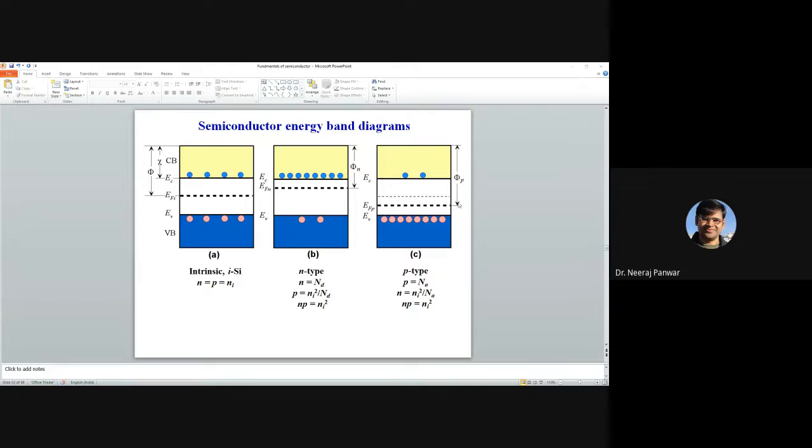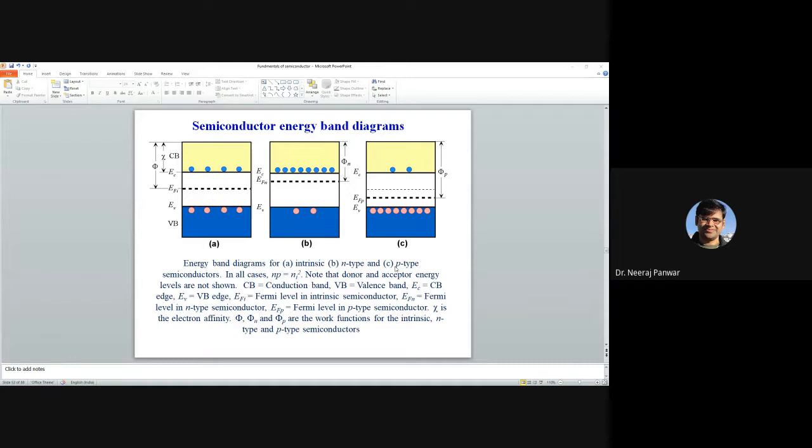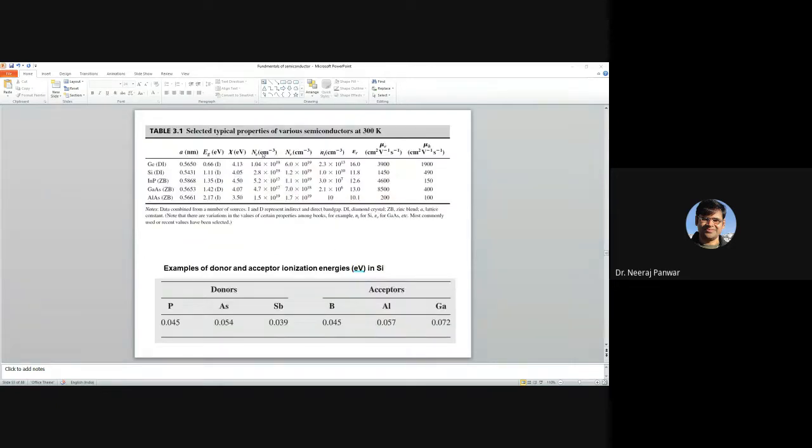In this case, the work function is denoted by phi p. So the mass action law will hold good for intrinsic as well as N-type and P-type semiconductors. So this is the table.